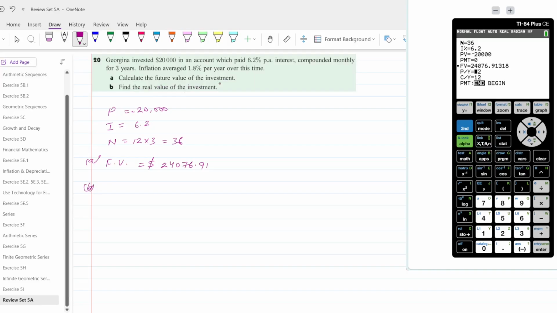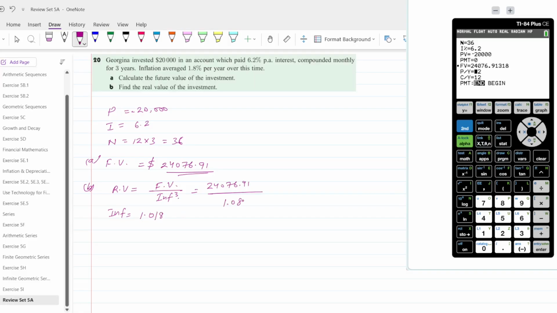Find the real value of the investment. So real value, we know, is going to be future value divided by inflation raised to the power number of years. So 3. Future value is this 24,076.91. Inflation is 1.018.